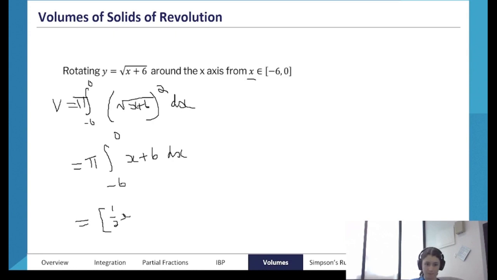So we are just going to get a half x squared plus 6x between 0 and negative 6.